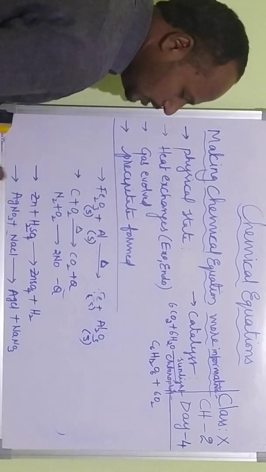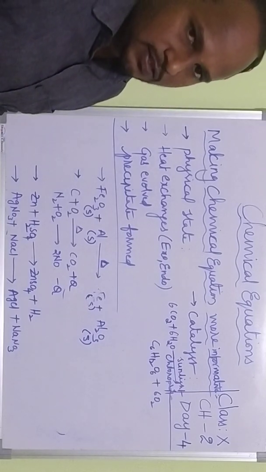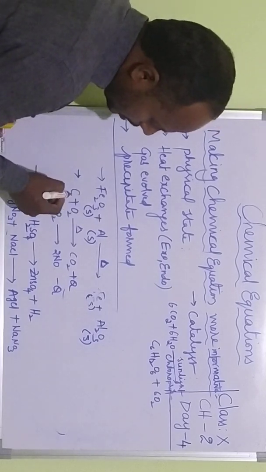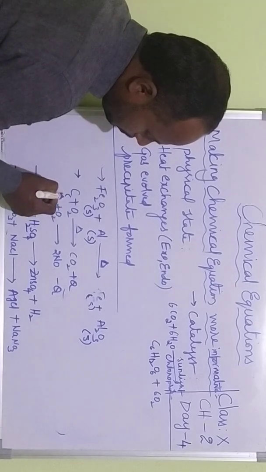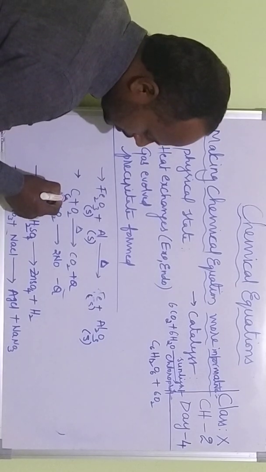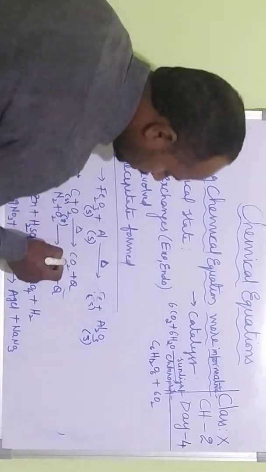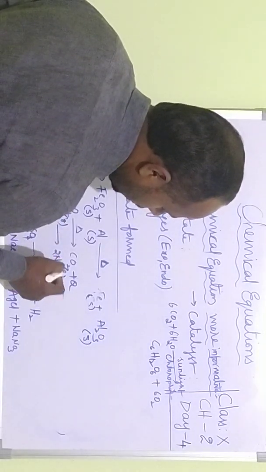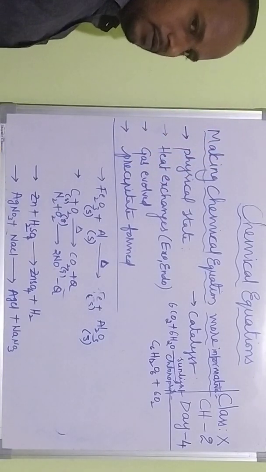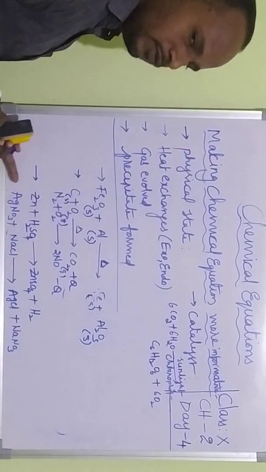Next, nitrogen reacts with oxygen. These two are gases only. Carbon is a solid, oxygen is a gas, G, and here carbon dioxide is a gas, and energy is released. By using notations, you can find out.